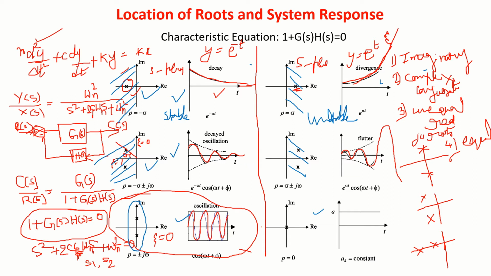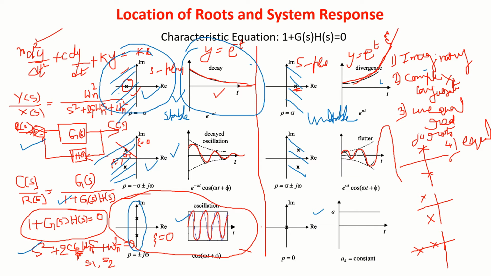Please clearly understand, once you have a system, if you know its characteristic equation, from the characteristic equation you can get the roots and see the location of the roots, also the corresponding response. The response should be seen on the time plane and the location of the roots should be seen on the S plane.